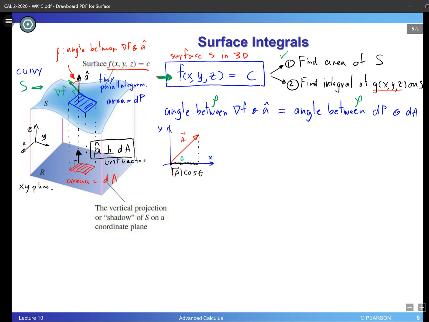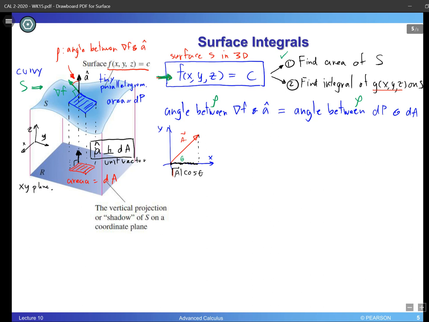Right? So what you get from here is that if you want to find the length of the projected piece, it's going to be equal to the length of the original piece times the cosine theta, and that theta has to be the angle between them. Okay, once again, length of the projected piece equals the length of the original piece times the cosine of the angle between them. And we are going to use this concept with dP and dA.